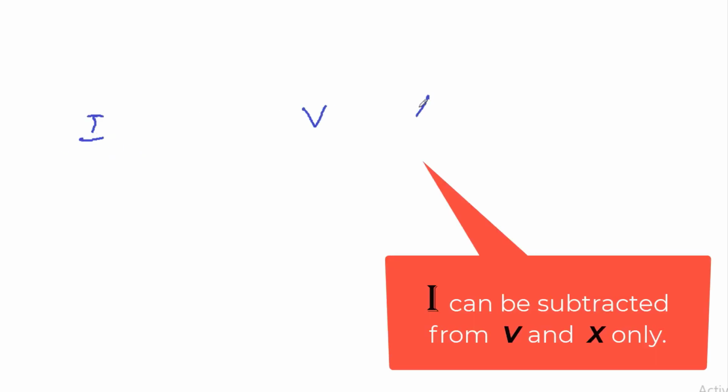Also, they framed one small logical rule. You can subtract this I only from V and X. I means it is 1. We can subtract this 1 from 5 or from 10. So if you want to write 4, you can write 5 minus 1. For 9, you can write X minus 1.